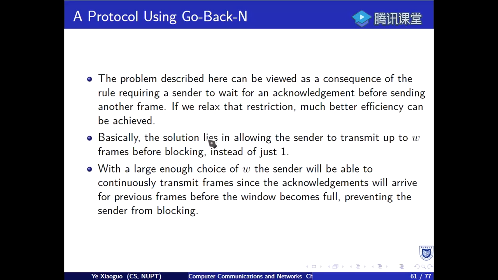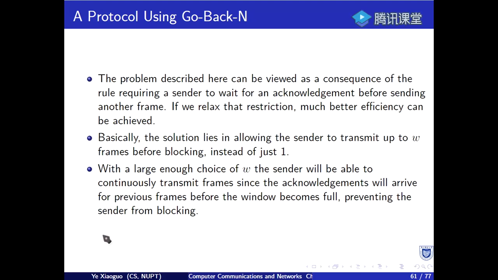The problem described here can be viewed as a consequence of the rule requiring a sender to wait for an acknowledgement before sending another frame. If we relax that restriction, much better efficiency can be achieved. Basically, the solution lies in allowing the sender to transmit up to W frames before blocking instead of just 1.